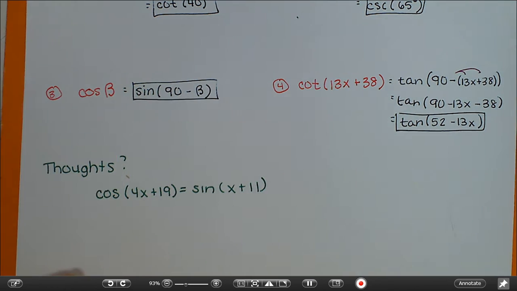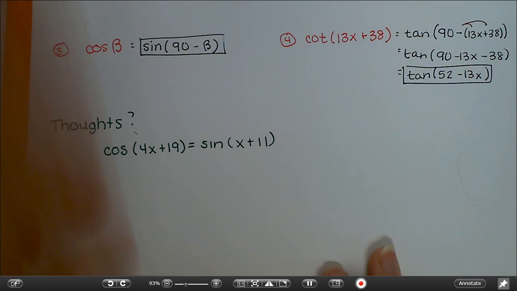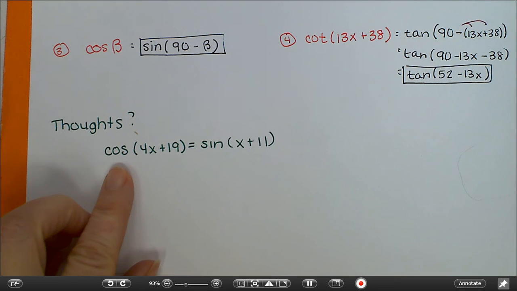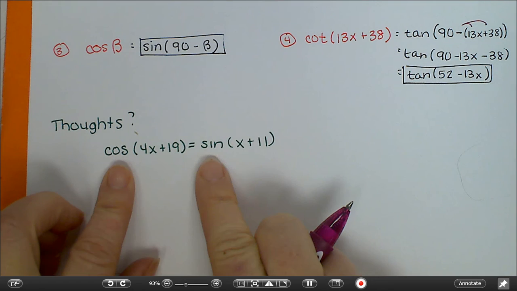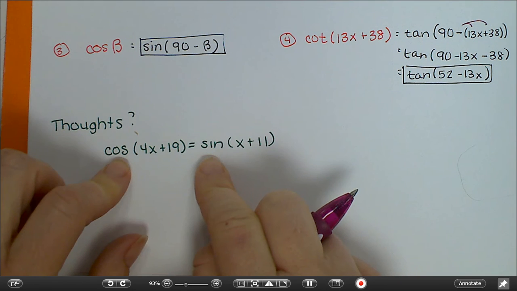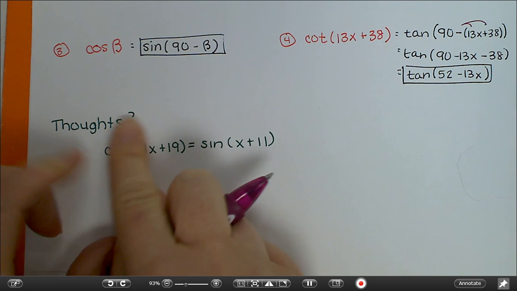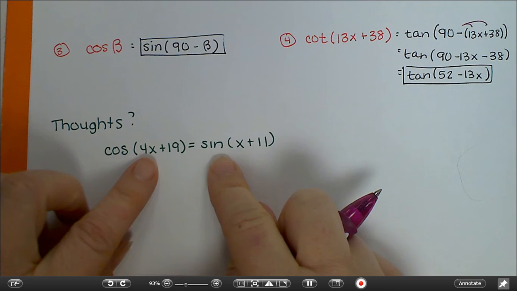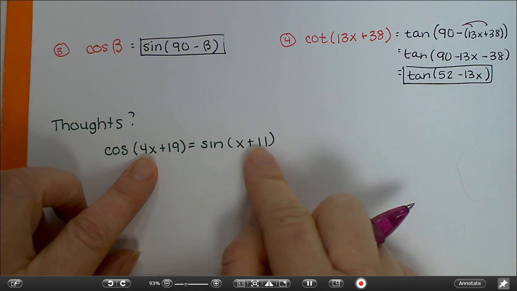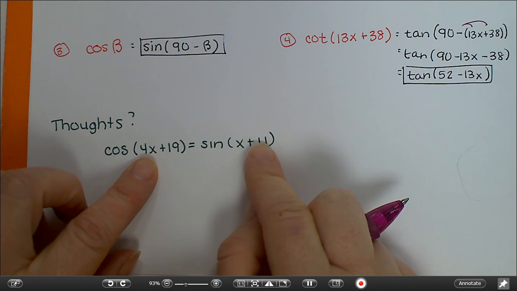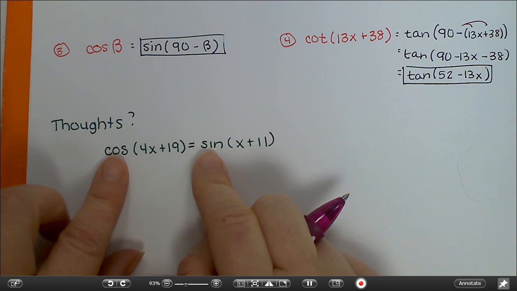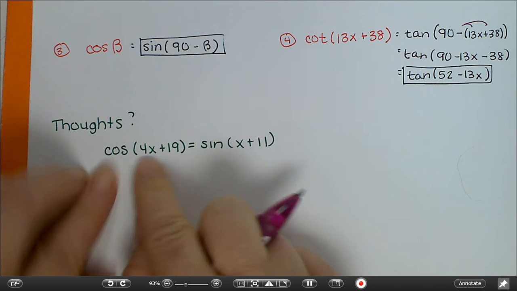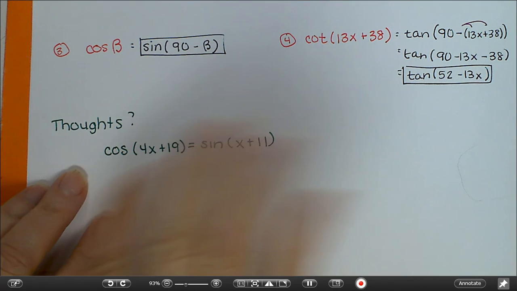All right, and then we kind of went over one more type of problem in class. And what we're looking at is this. Cosine and sine are cofunctions. So this expression, cosine of 4x plus 19, has to be equal to sine of this, right? So we need to make these both have the same trig function. Right now we have cosine and sine, and we can do this either way.